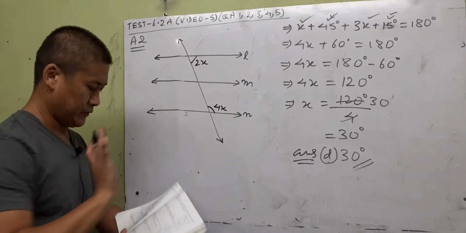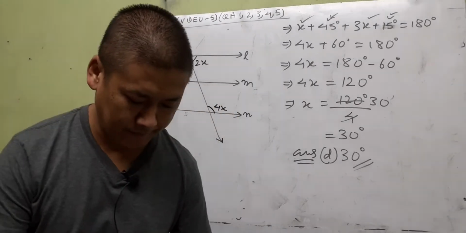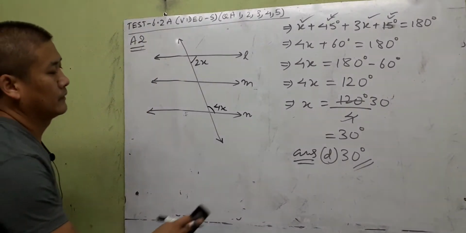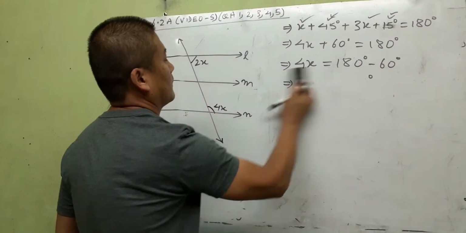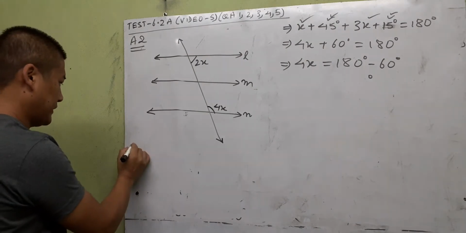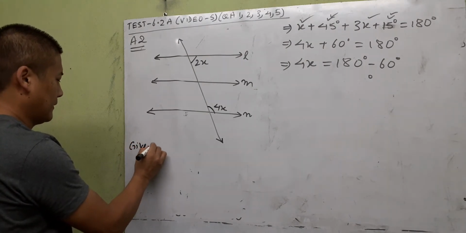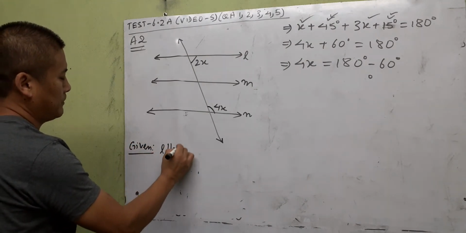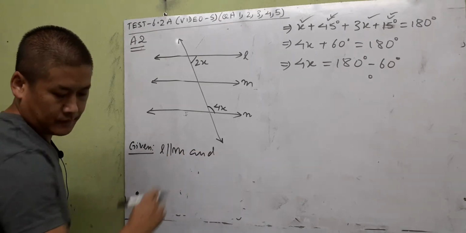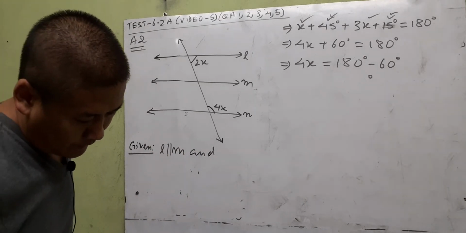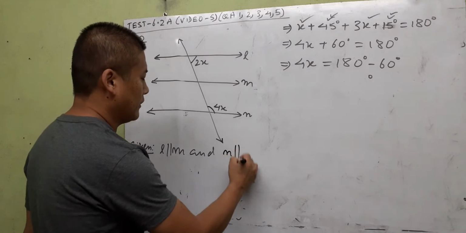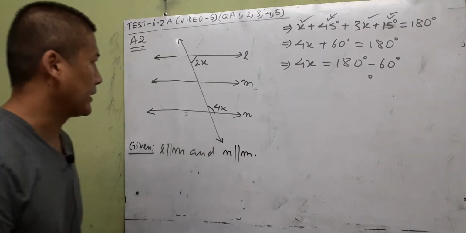So draw it likewise in your notebook. Write down given values: L is parallel to M and N is parallel to M. Only that much is given. We have to find x.